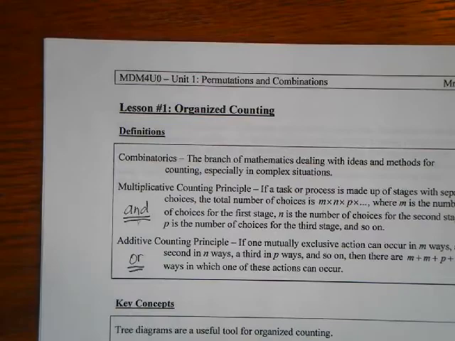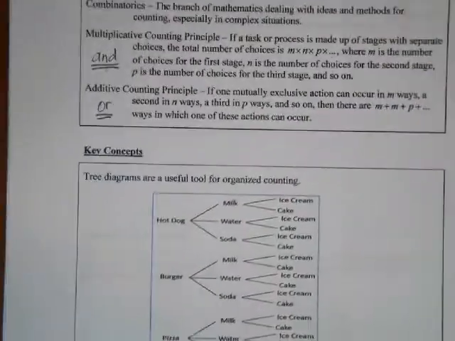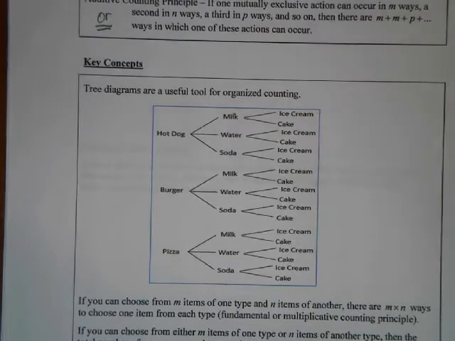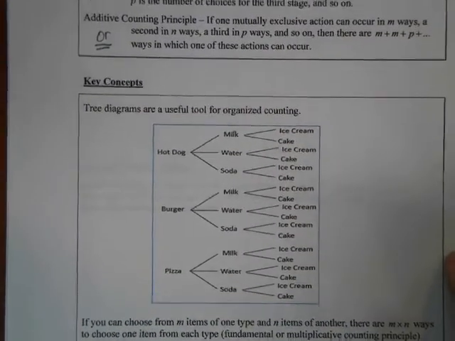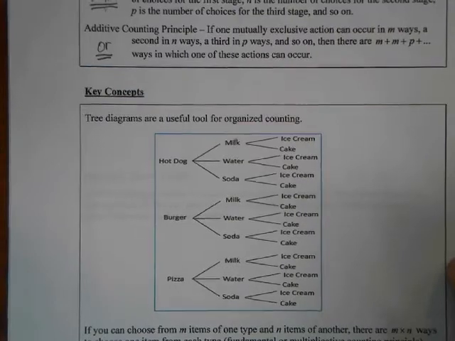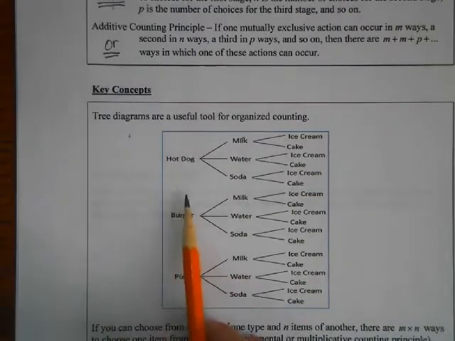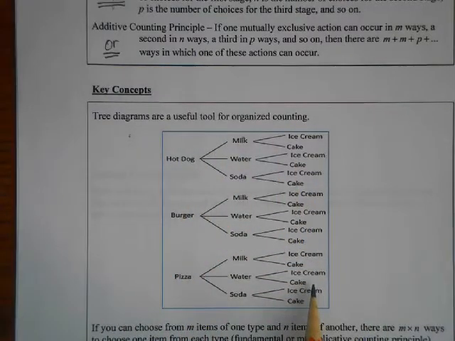Now one of the ways, and this applies to the multiplicative counting principle, a tree diagram is a very useful method, at least to get started. After a while you'll go, okay, I get the idea, I don't really want to draw a tree diagram, but you still have to show that you know how. For example, in this tree diagram, you can see, well, in a way, it sort of looks like a tree.